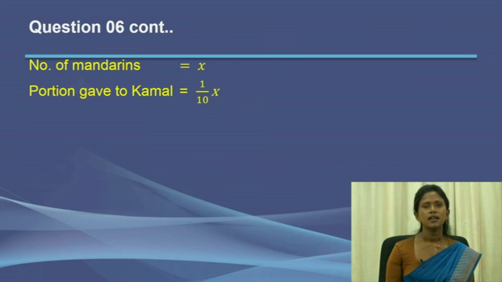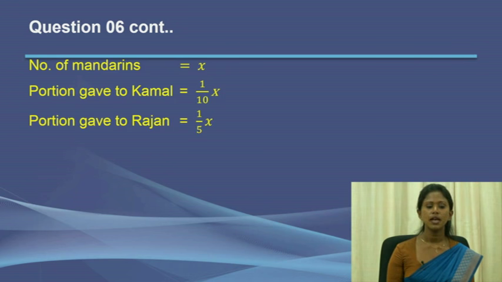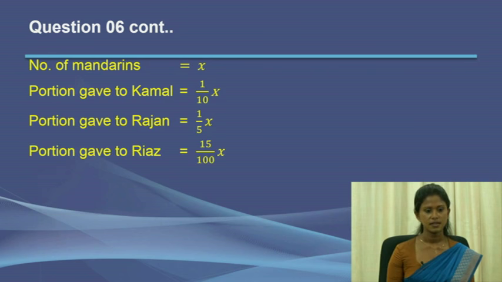Since we have given 1/10 of our initial mandarins to Kamal, the portion given to Kamal is 1/10 multiplied by x. The portion given to Rajan is 1/5 of x. The portion given to Riaz is 15 divided by 100 times x, because 15% is allocated for Riaz.